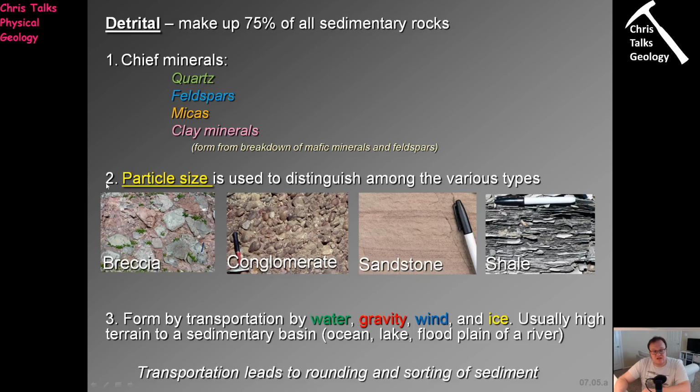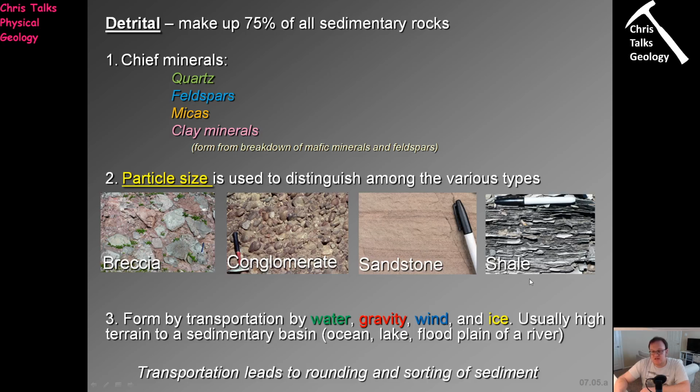And the next thing we need to think about is particle size, because the size of the clasts is going to define what we call our rock. So typically rocks that contain very, very coarse clasts are going to be classified as a breccia or a conglomerate. Rocks that contain sand size clasts will typically be classified as a sandstone.